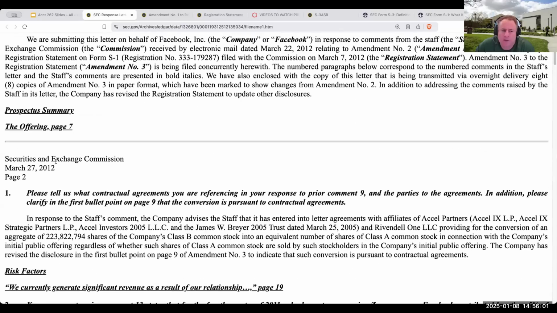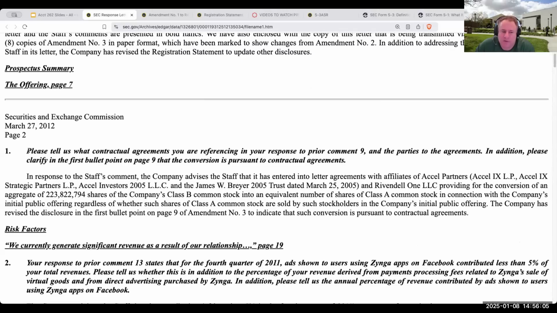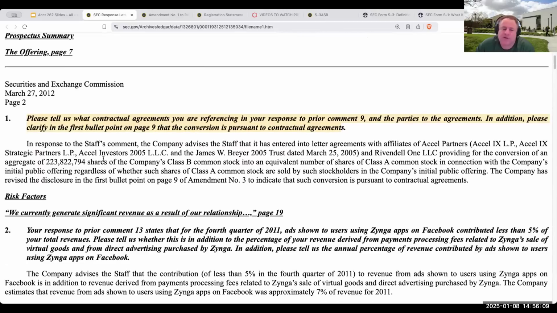So coming over here, the first staff comment is, please tell us what contractual arrangements you are referencing in response to your prior comment 9, the parties and their relationships, and clarify the first bullet point on page 9.